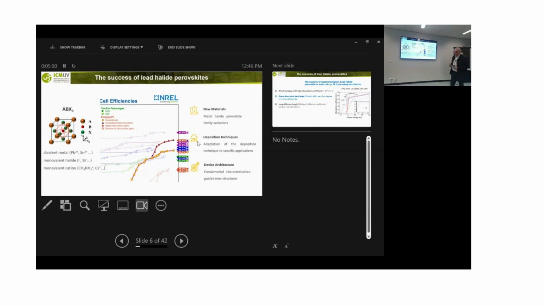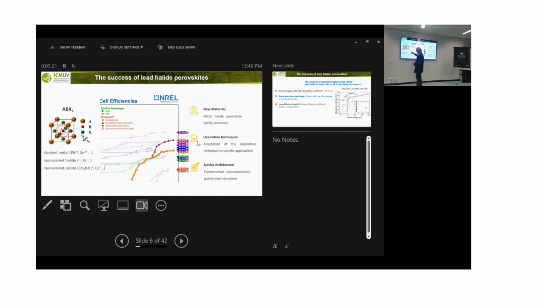The story of the metal halide perovskites begins more than 10 years ago, in 2009, with their appearance within the family of the perovskites.